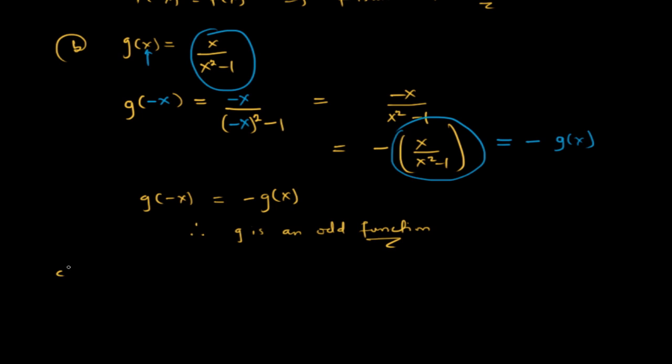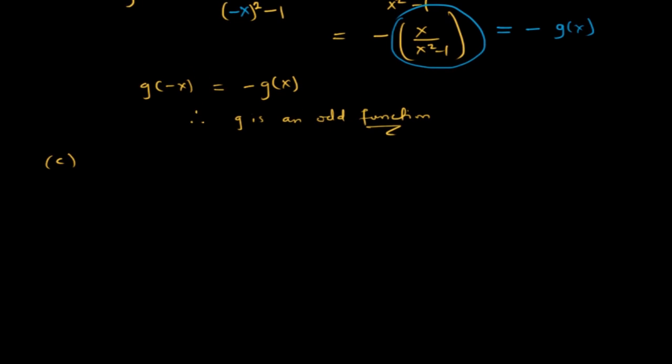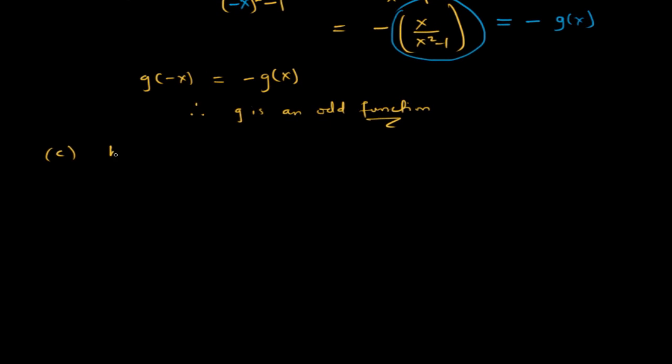Let's try one more example before we call it quits. The last example says, given h of x equal to 3x cubed plus 5, you want to check if it is even, odd, or neither.